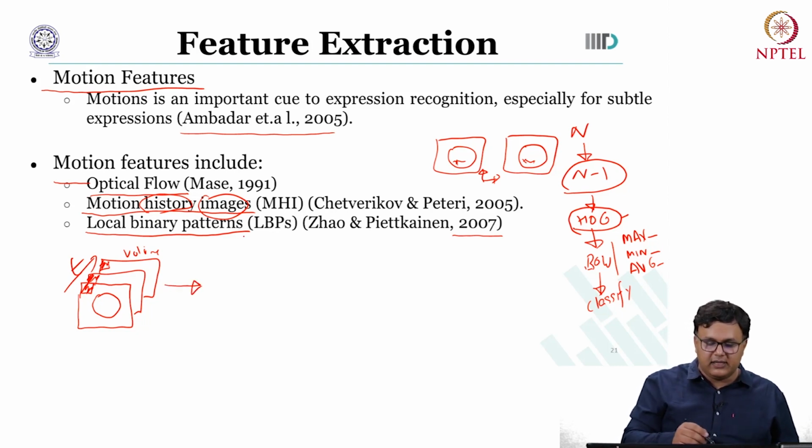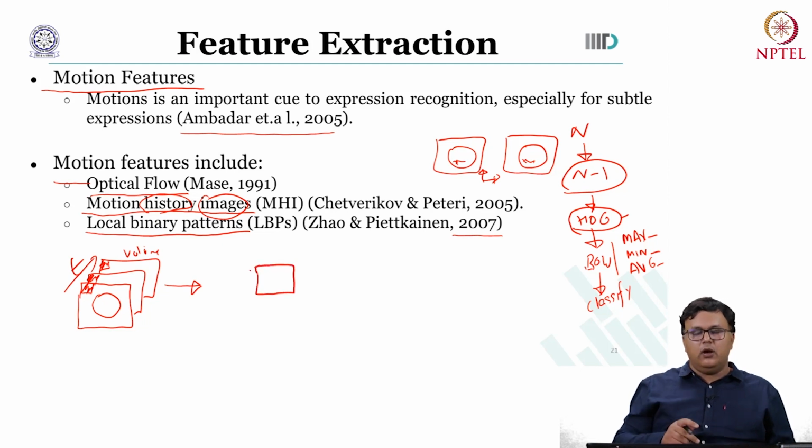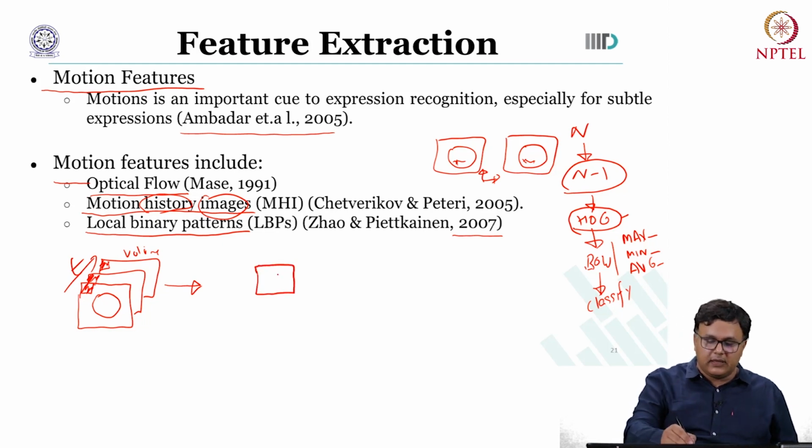What that local binary pattern says in its simplest form. Let's say I am right now analyzing the location of the tip of the eye. So this is the outer tip of the eye. You will take one pixel, and you compare this pixel with its local neighbor.